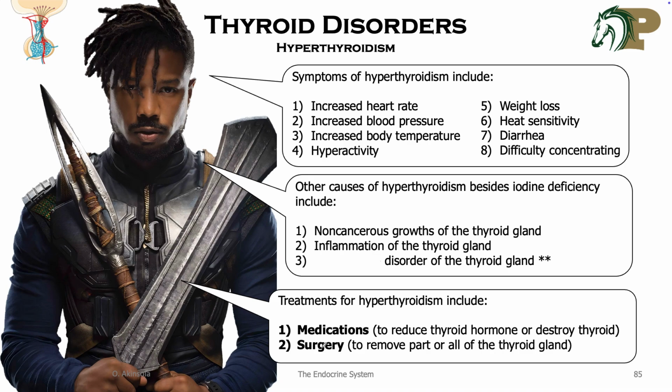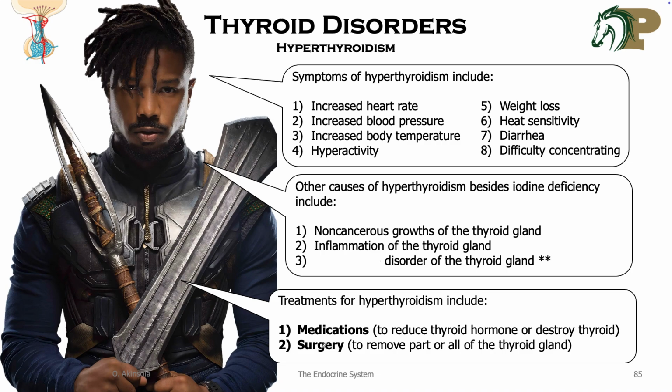So remember we talked before about how I wanted you to think about what symptoms you would see if the body was supercharged and revved up. So that will include increased heart rate, increased blood pressure, body temperature, hyperactivity. You will have weight loss because if the body is more active than usual, it's going to shed pounds, it's going to shed fat.